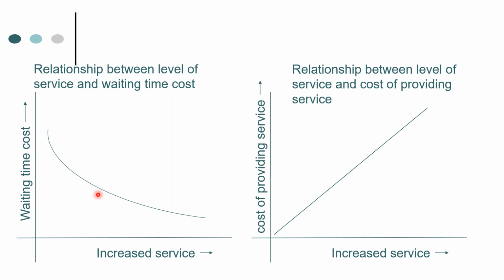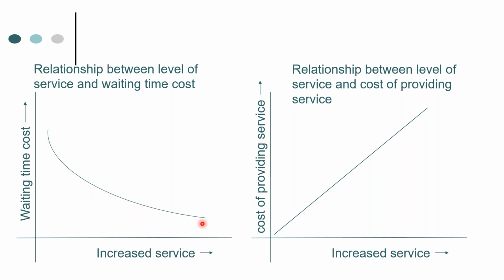The waiting time will come down, and as soon as the waiting time comes down, the cost associated with this waiting time will also come down. So this curve shows that as you increase your service level, or as you make your service facilities better, if you make your services very good, then your waiting time cost is going to come down.